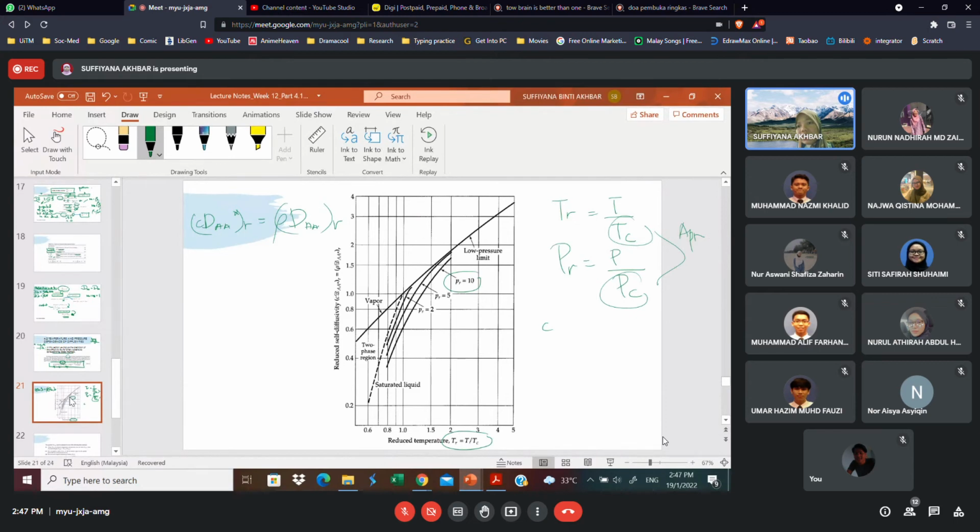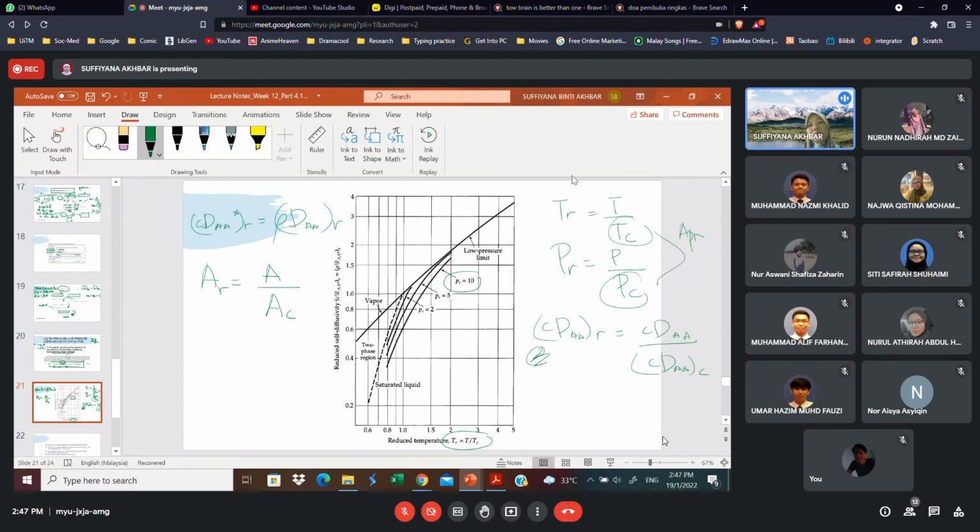Okay, so here, CDAA, self-diffusivity for the R is equal to this value over the critical. Or if I make it general, A reduced is equal to A over A critical.